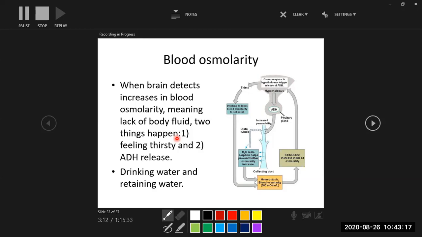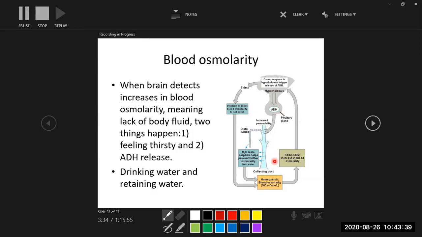The thing in our society right now, so this is the ideal. Our body will maintain our blood osmolarity through these two pathways. But what happens in our society is that when you are thirsty, your osmolar receptor tells you that you are thirsty. What do you do?